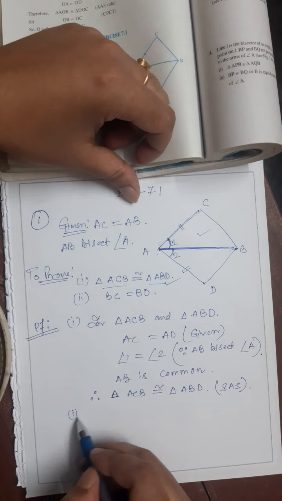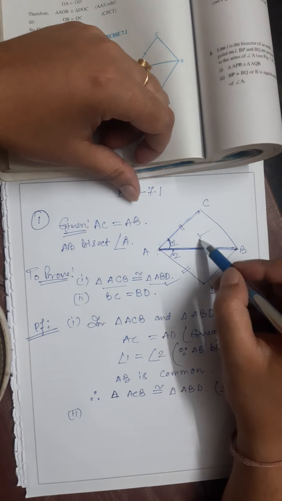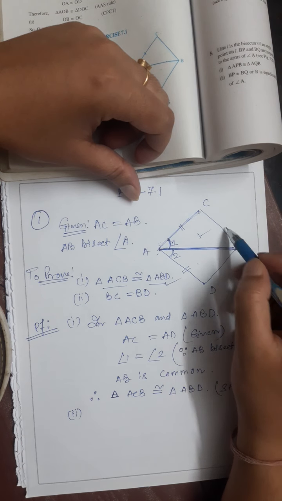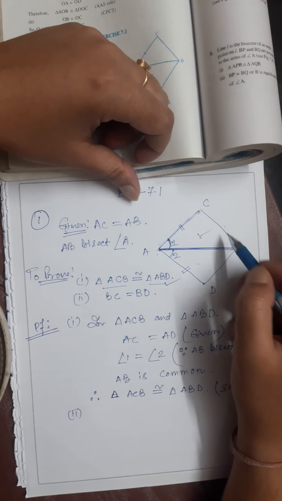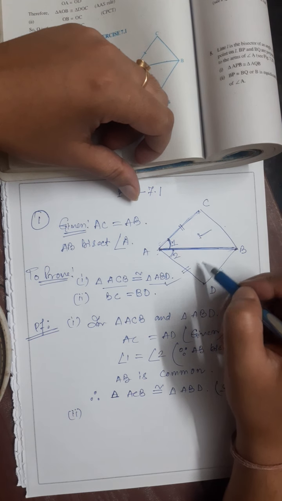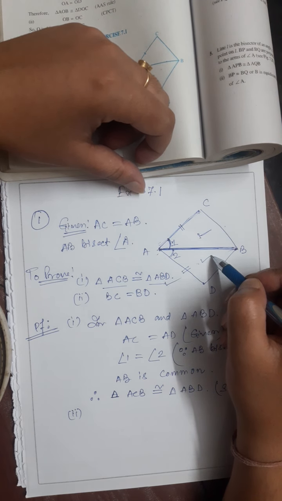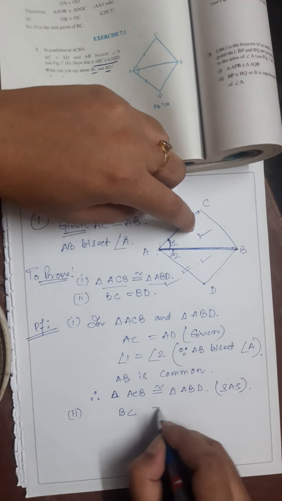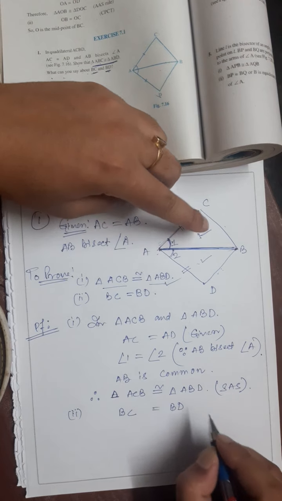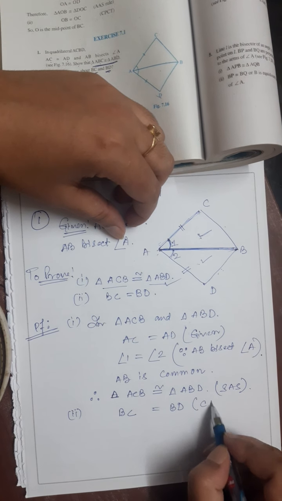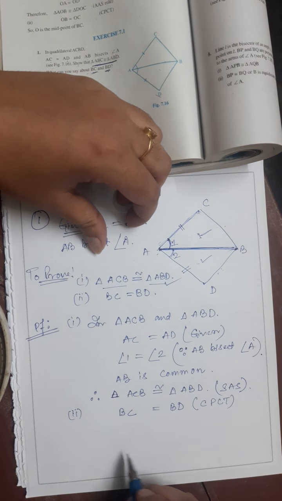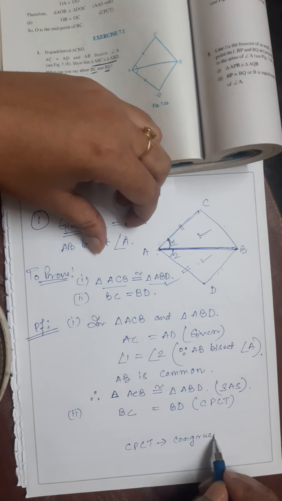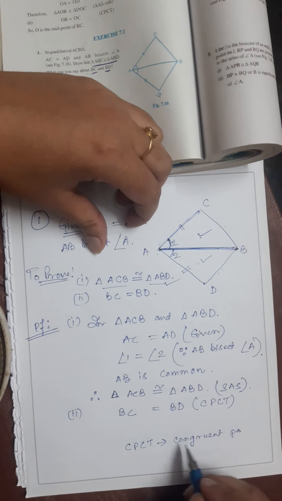Now the second proof. When two triangles are congruent, we can take other remaining sides equal. We can take the remaining sides equal only after proving that these two triangles are congruent. So we can take BC of the first triangle is equal to BD of the second triangle, and we have to write CPCT. What does CPCT stand for?